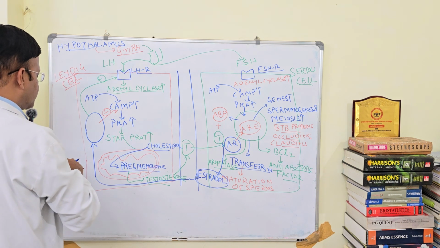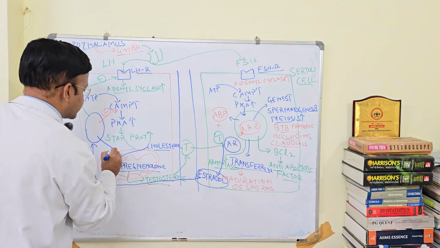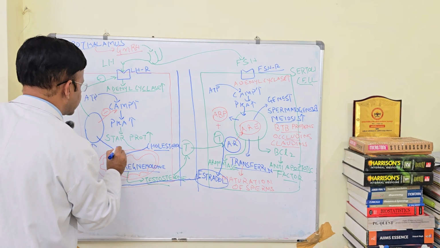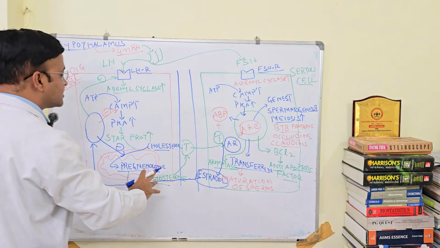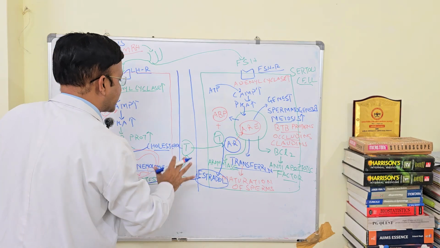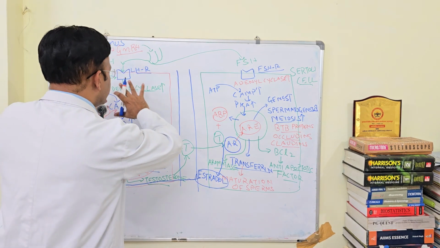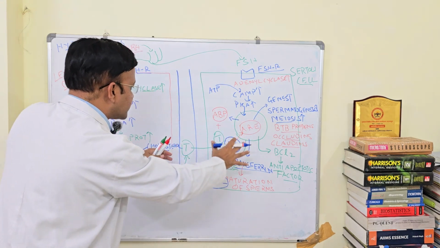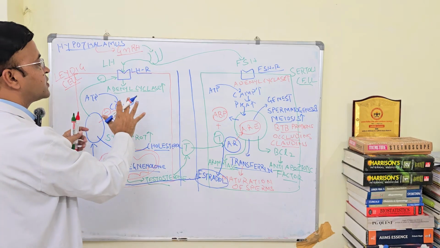So it's going to inhibit all the steps of testosterone synthesis. By inhibiting the multiple steps, it is going to reduce the level of testosterone, right? So both Leydig cells and Sertoli cells coordinate with each other in running the whole show, right?